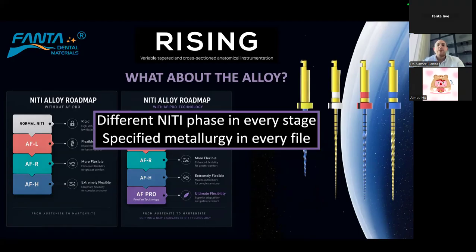And again, to specify, a different phase in every stage, specific metallurgy in every file, is one of the big keys in such a system. And to be honest, this wasn't done in most of the systems that were introduced in the market. It was never done that each file has a different metallurgy.